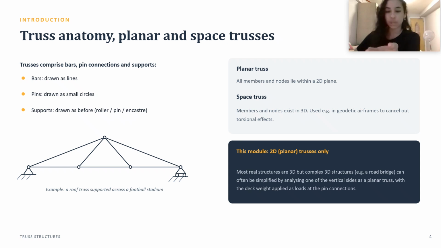The picture you have here is a roof truss supported across a football stadium. Oh, that is another example. You've got a fixed pin on the left side and a roller pin on the right side. We haven't had any encasters here. And you could see they are all forming triangles, which is great because we said we love triangles, don't we?